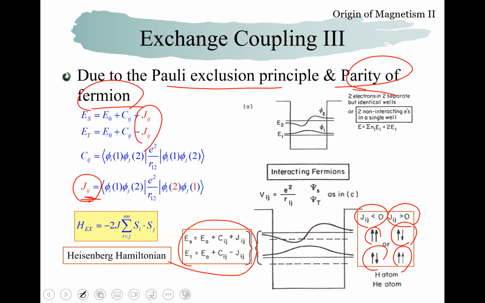Let's assume J is positive. What is the lowest energy? These two spins must be parallel. If they are parallel, the inner product gives just one, and the total system energy is lowered by an amount of 2J. If they are antiparallel, they give -1, so the energy is raised by 2J.